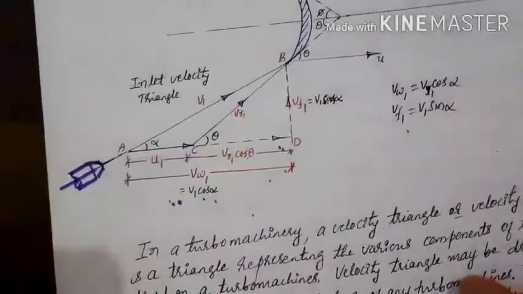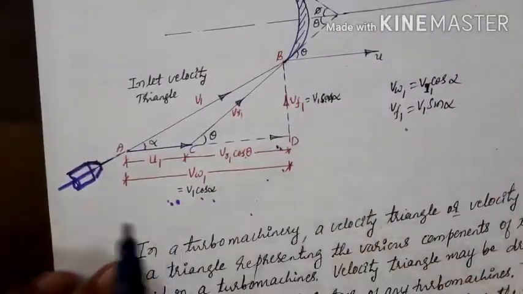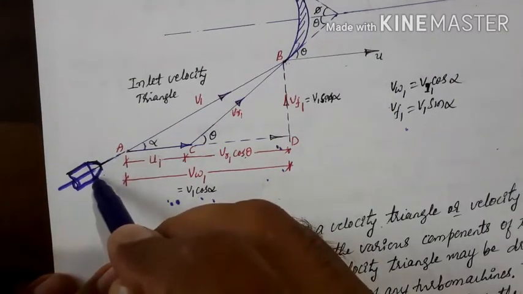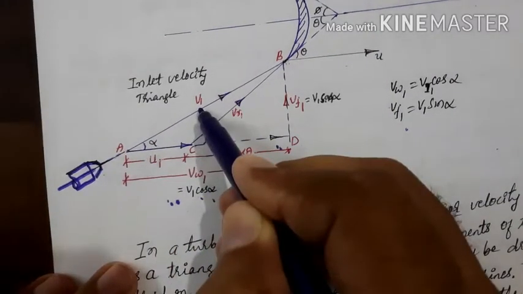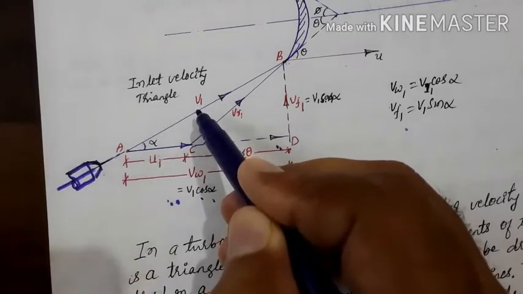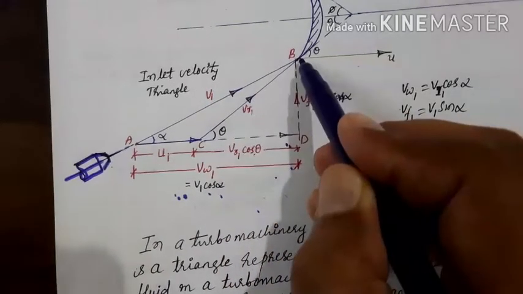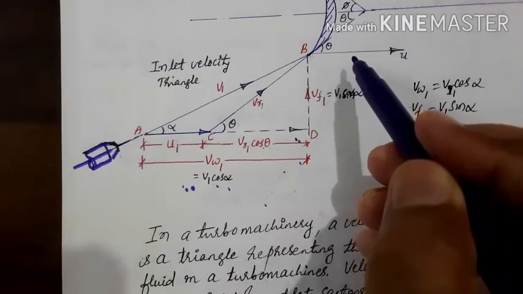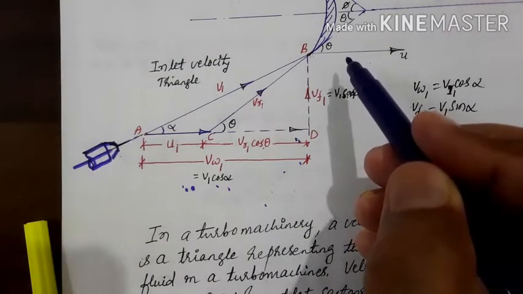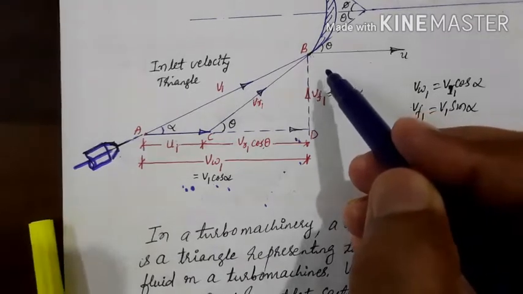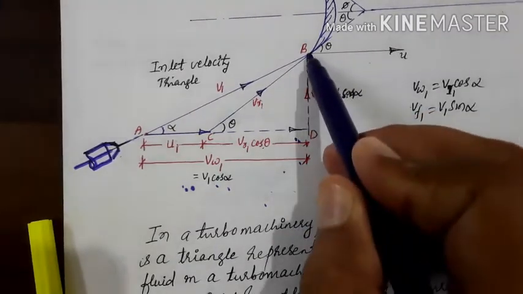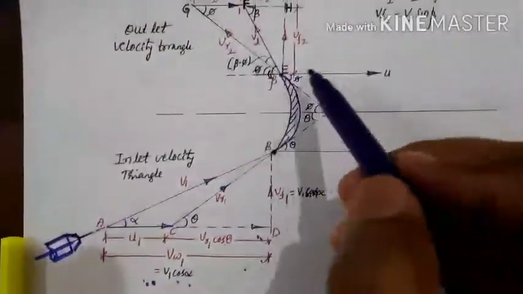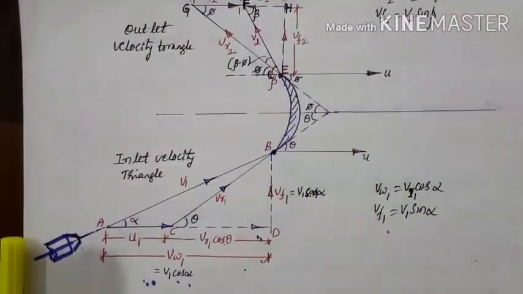Now the same way is followed here. As we know, the jet of water is coming out of the nozzle with a velocity v1. Then the blade is moving with a velocity u. Since we are drawing the triangle at inlet, let us take the velocity at the inlet tip. This is the inlet tip and this will be the outlet tip.